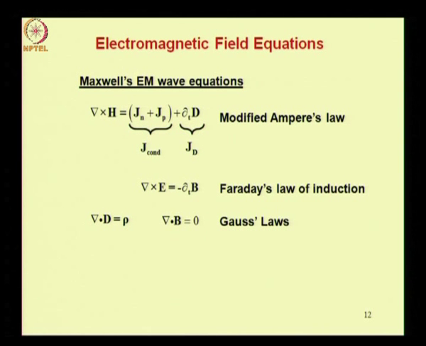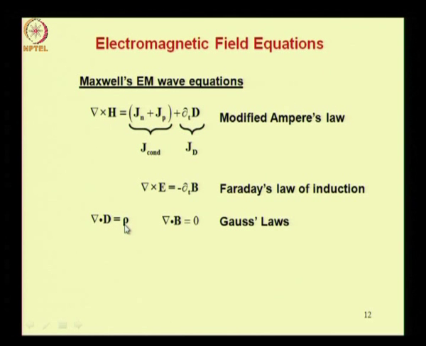Then you have the Gauss's laws, which tell you how the fluxes, namely the displacement flux D and the magnetic flux B, are affected because of various quantities. So for instance, divergence of D is rho.